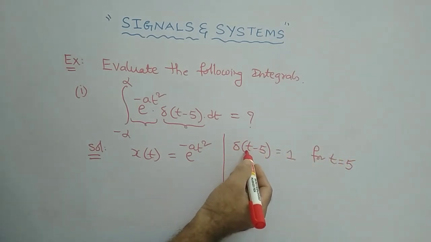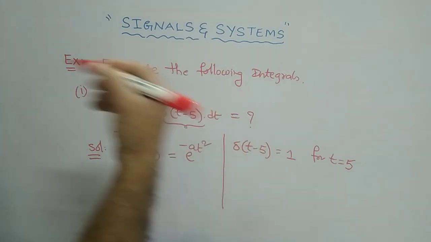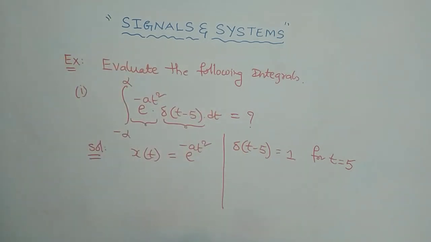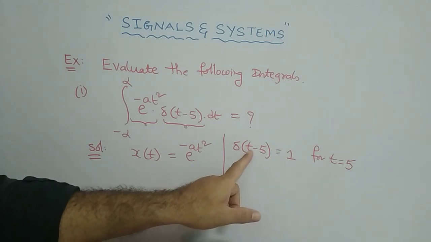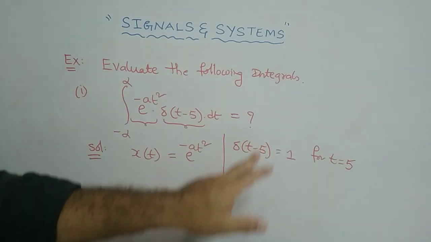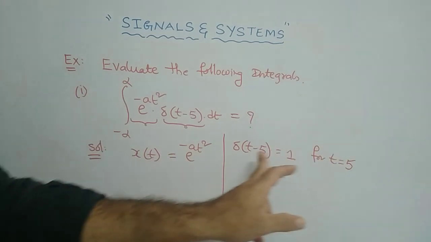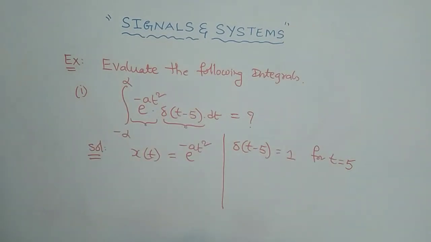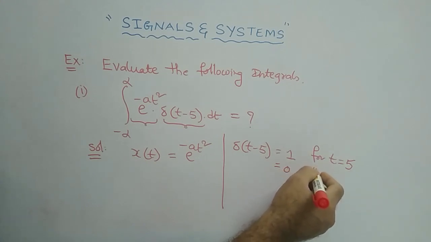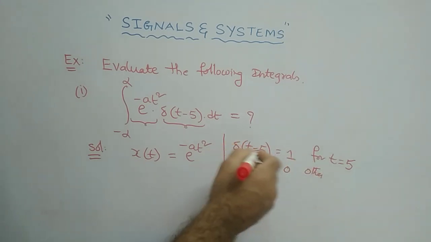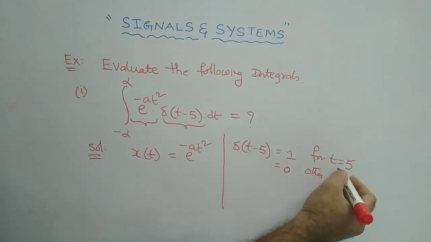If you substitute t equal to 5, 5 minus 5 is 0, so the argument becomes 0. At that point the shifted impulse becomes 1, and it is 0 otherwise. Therefore, from the shifted impulse function, t is equal to 5.